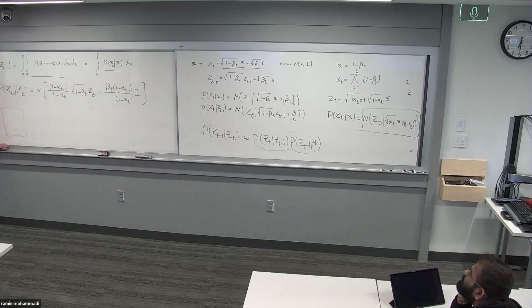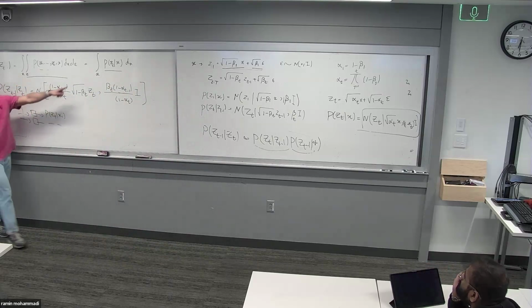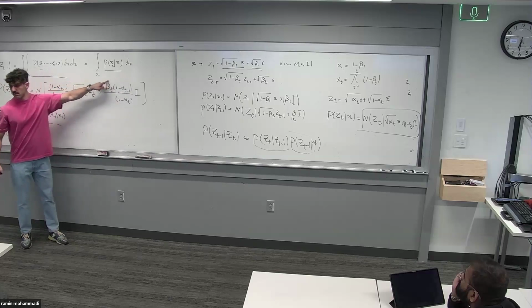One at a time, I pick one image, and for this image, give me probability of Z_T given this image in one go using that equation, the diffusion kernel. Then I pick another image. So you repeat it infinite times, correct? Combine these Gaussians, and that becomes the marginal of Z_T.